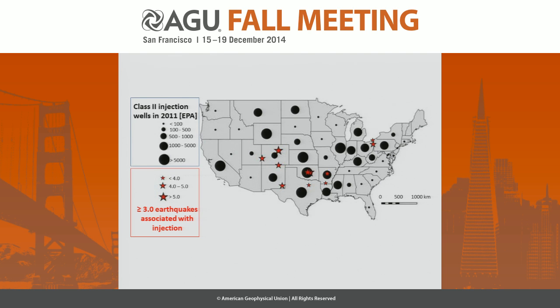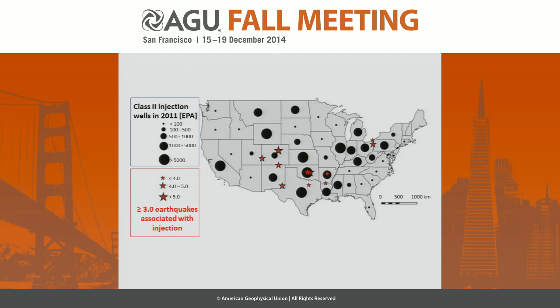This is a map based on the US EPA's database. In the US in 2011, there were about 170,000 Class 2 injection wells throughout 33 states. The black dots indicate the number of wells in these different states, from a few tens to more than 5,000.